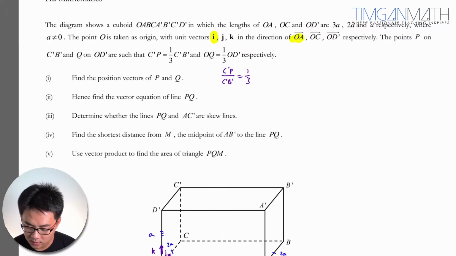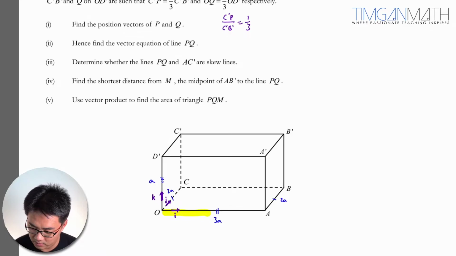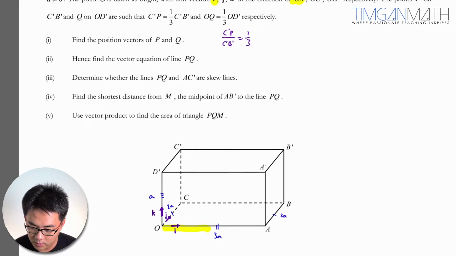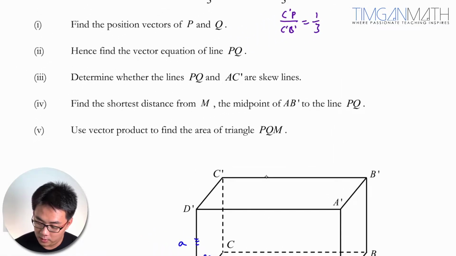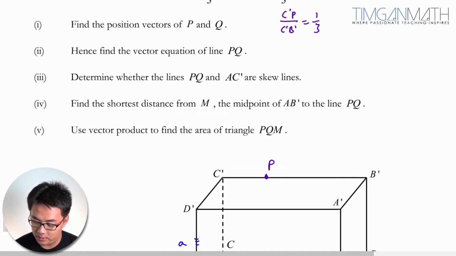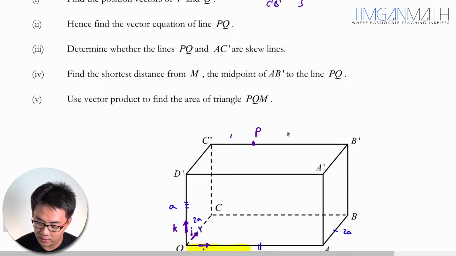So let's look at that. P is on CB prime. CB prime is here. C prime B prime is here. So CP is 1, CB prime is 3. C prime P is 1, so this will be P, I assume. So this is 1, this is 3.